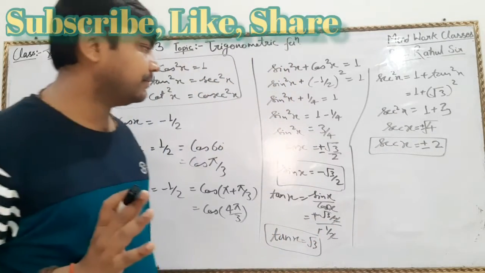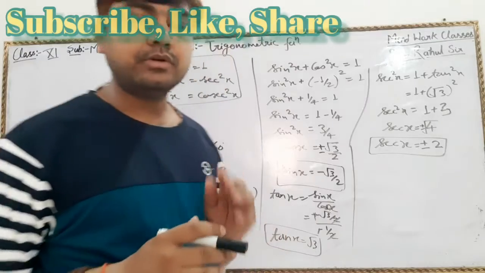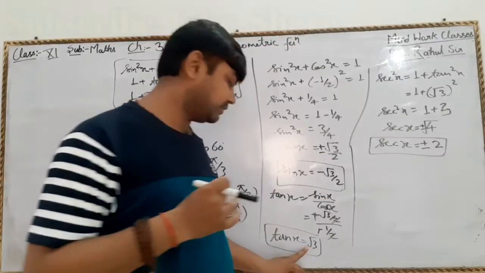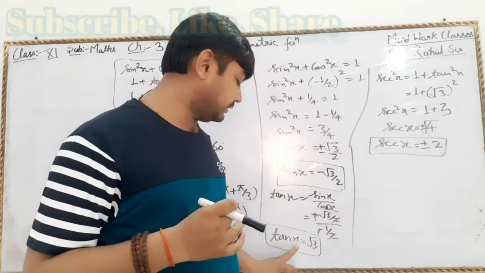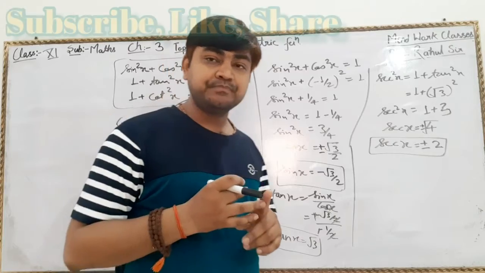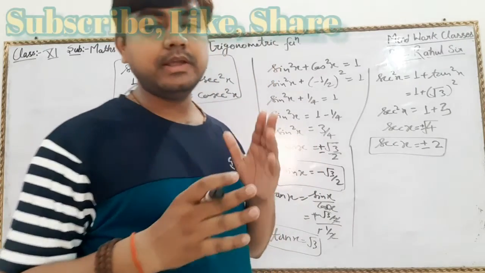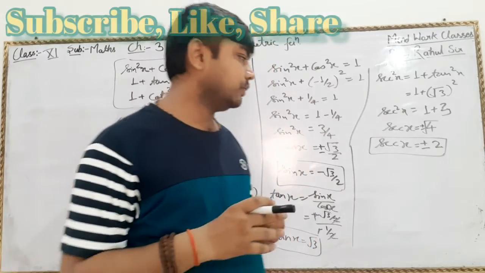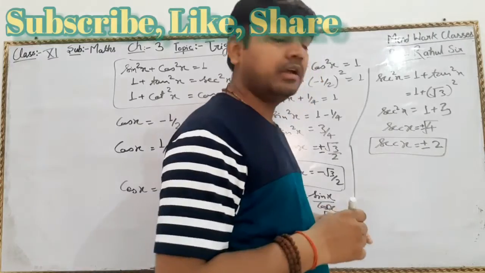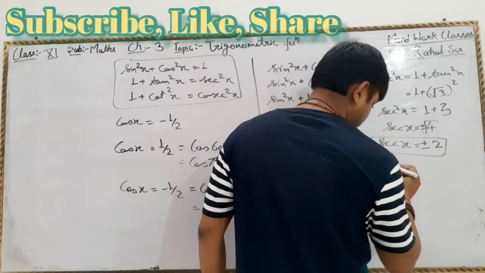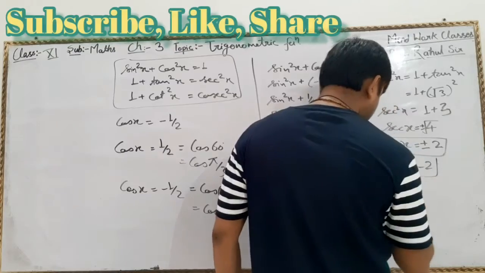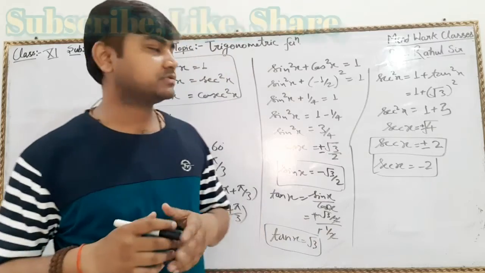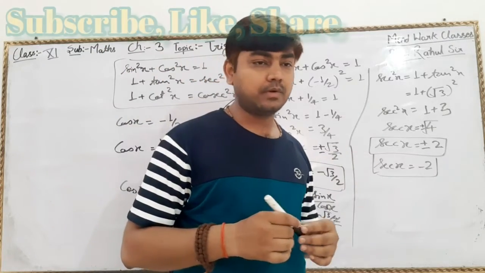But please pay attention here again. We know that in the third quadrant only tan and cot can be positive, and here the value of tan x is plus root 3. The rest of the functions will be negative. So sec x will be only minus 2, not plus 2. Sec x will not be equal to plus 2 because x is in the third quadrant.